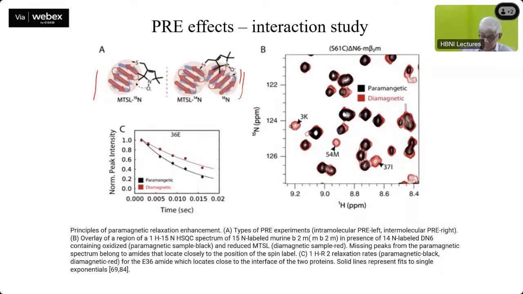Solid lines represent fits to a single exponential. You fit them to a single exponential to calculate the R2 values. From the R2 values, the difference will give you the paramagnetic PRE contribution. From that, you calculate the distance from the paramagnetic spin label, and that is how you calculate the interactions between the two proteins, especially when you have this. So this is another protein, for interaction between two different proteins.